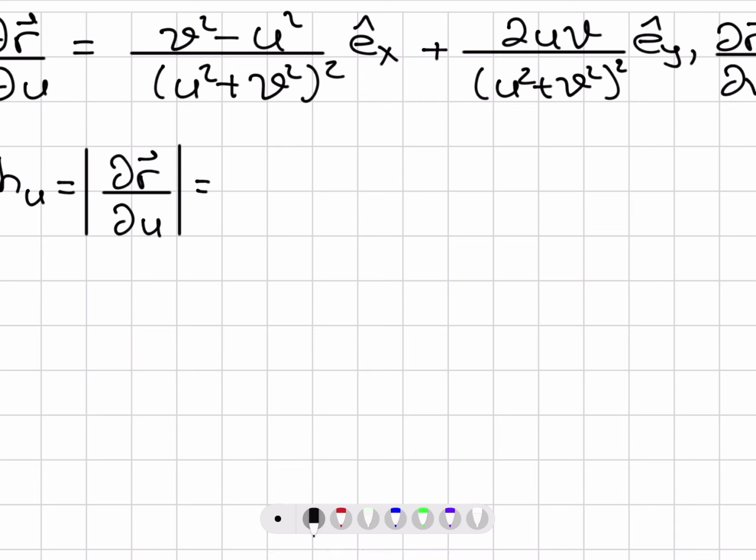So you can see that I will obtain (v square minus u square) parentheses square plus 4u square v square divided by, they have a common denominator, (u square plus v square) to the fourth power, and this is all inside the square root.